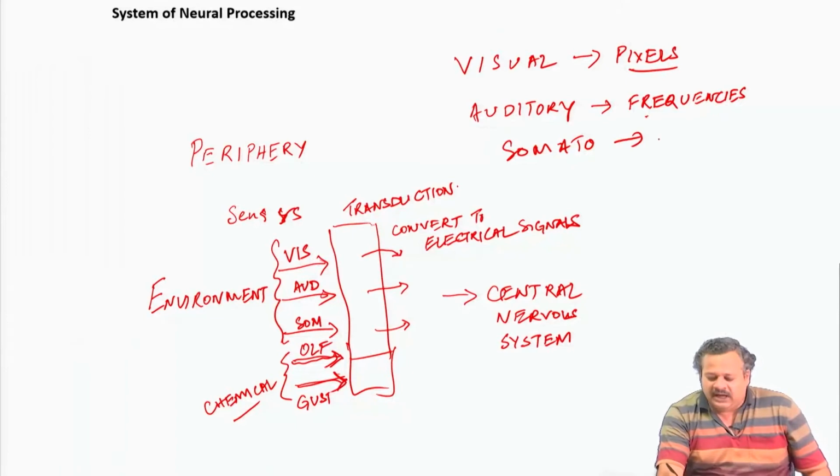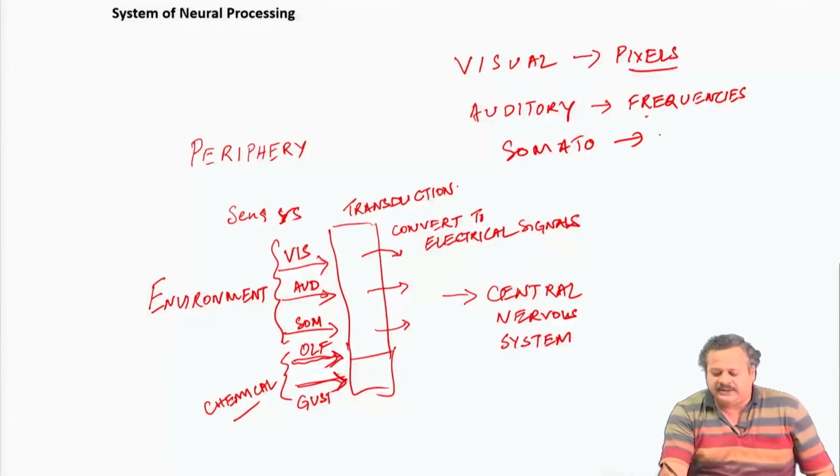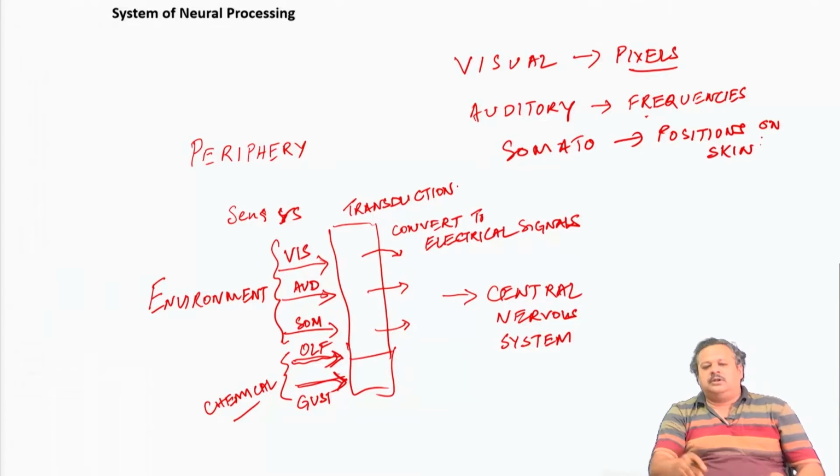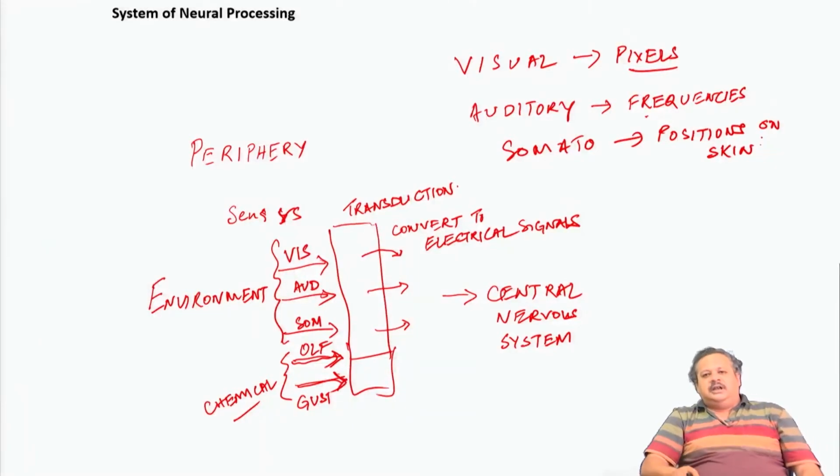Similarly, in the somatosensory system, what we have is again similar to pixels, but on positions on the skin. So, the entire skin region has a pressure waveform that is present, or the vibrations that are present, and so on.